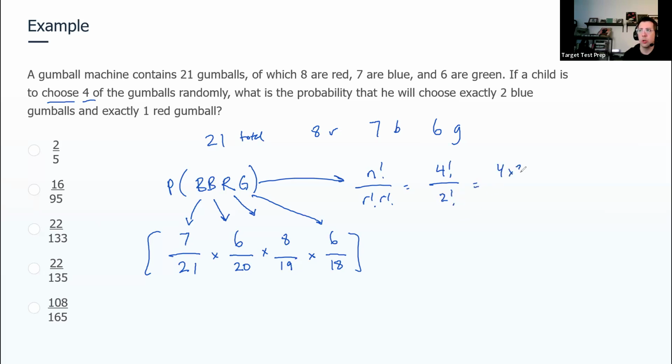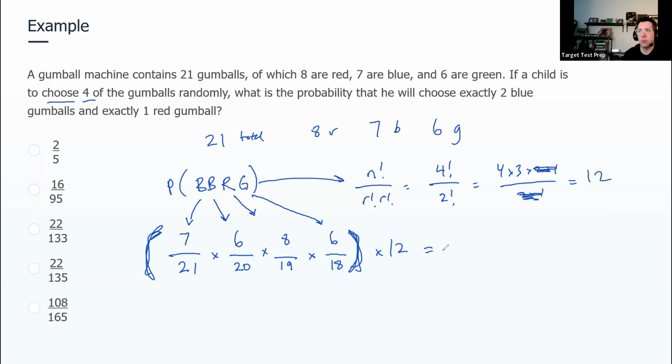So this is 4 times 3 times 2 times 1 over 2 times 1. That cancels. That cancels. Okay. So that's 12. So basically, the answer here is going to be this times 12, because there are 12 different orders to put B, B, R, G.